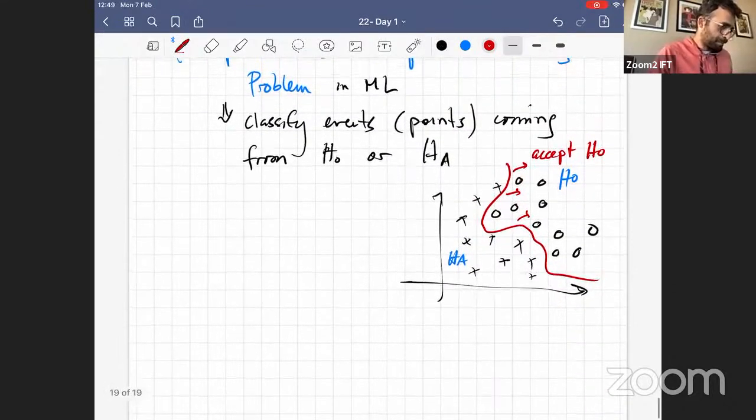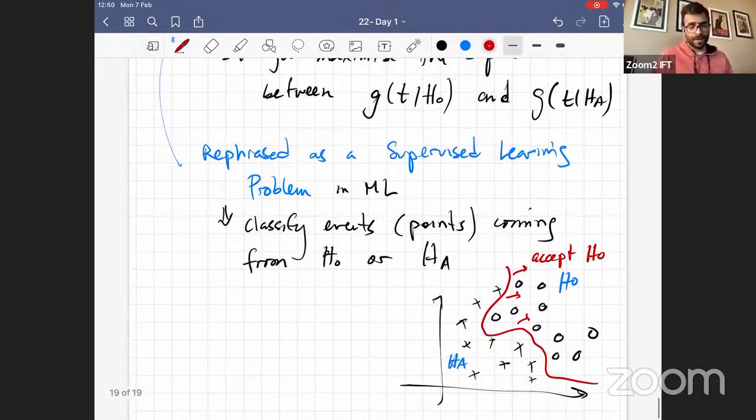So this is the way to go. At the end, what we are doing typically is to approximate the test statistic having the highest power. This is what we are doing in machine learning at the end of the day.